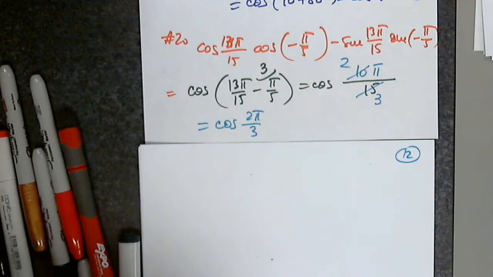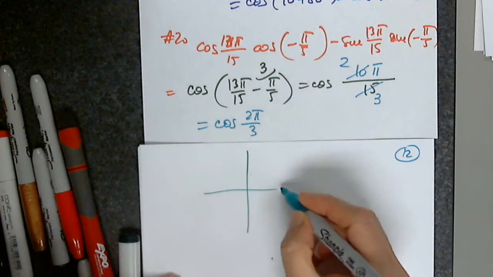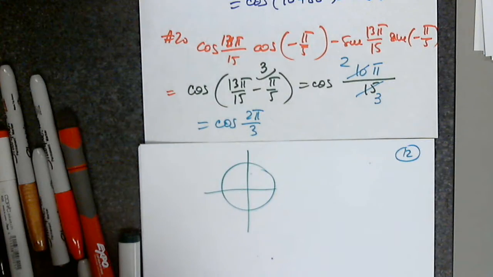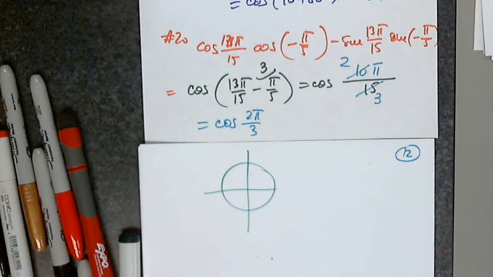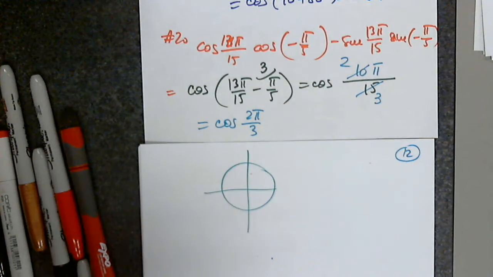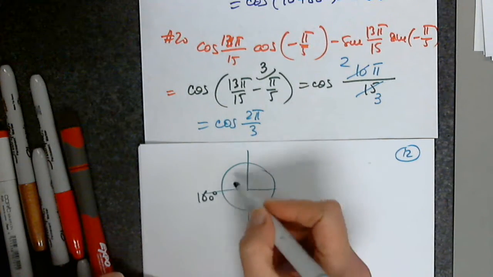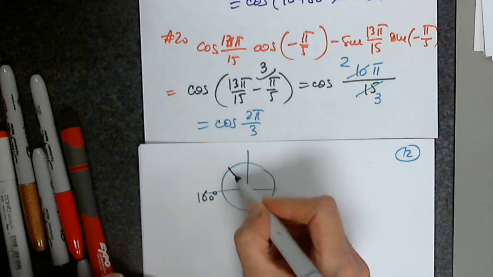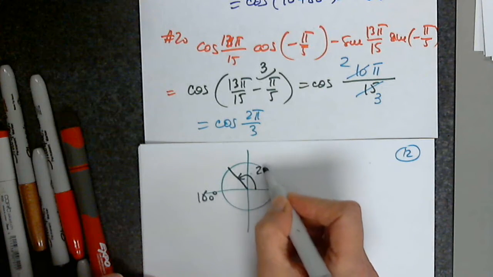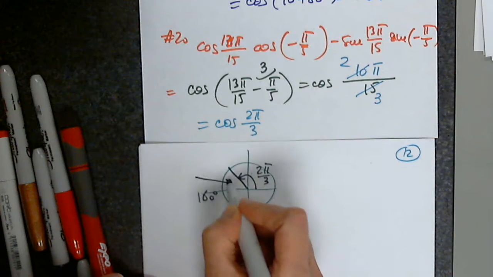So now I need a unit circle and I need to find the reference angle. Where does 2 pi over 3 land? Exactly, in the second quadrant, right? It's 120 degrees and this is 180 degrees, right? So I have to be right here. Now I need the reference angle.